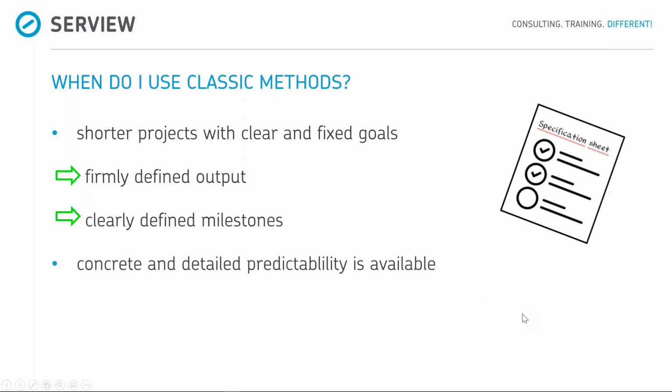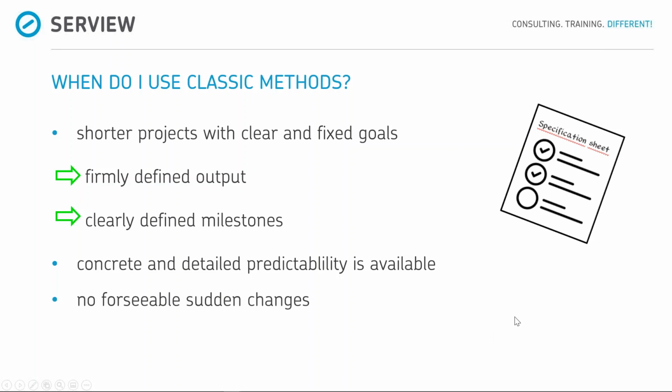Another thing that we might look at is when we have a concrete and detailed predictability. So this means that you know what to do because maybe you have done this like a million times before. Customers usually want the same things. There is not a lot of change in your environment. So no foreseeable sudden changes.